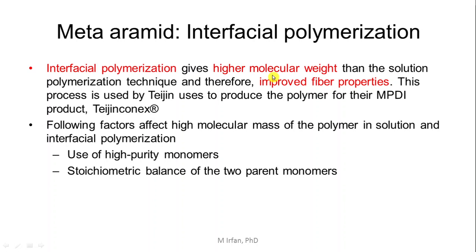This process, interfacial polymerization, is used by Teijin to produce meta-aramid fiber known as Teijinconex. Whether it is polymer synthesis through solution polymerization or interfacial polymerization, the two factors that affect the nature of the reaction are use of high purity monomers and stoichiometric balance of the two parent monomers.